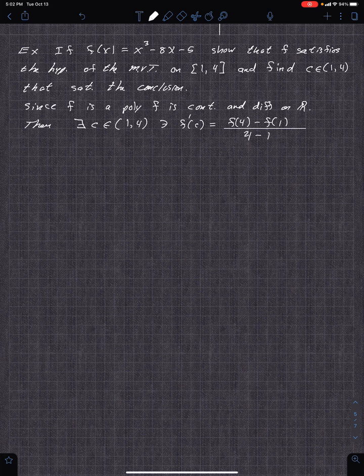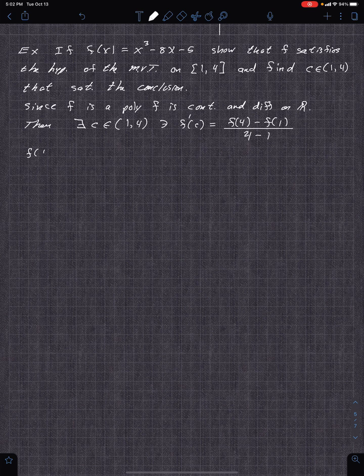So all you have to do is calculate that difference, then set the derivative equal to whatever this difference is, and then solve. It's really easy to actually solve it, but that's not really the point of the mean value theorem. This is just kind of an exercise to get you used to it.